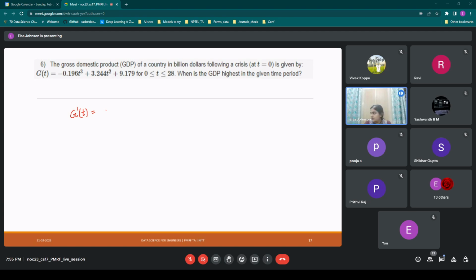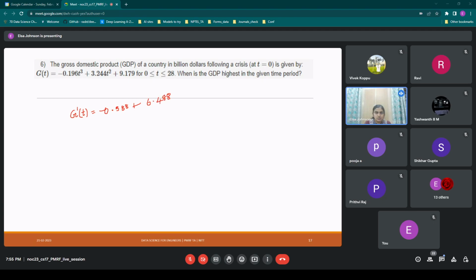It will be coming around 0.196 into 3, which is minus 0.588, and 3.244 into 2, which is 6.488.